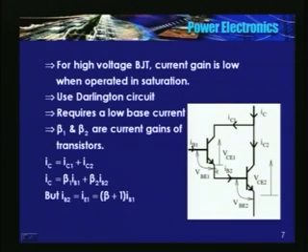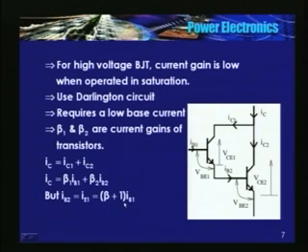IB2 is the same as the emitter current of transistor 1, IE1. And what is the relationship between IE1 and IB1? It is (beta plus 1) into IB1.